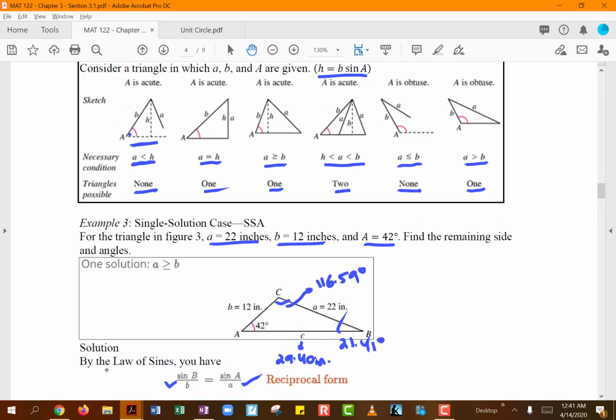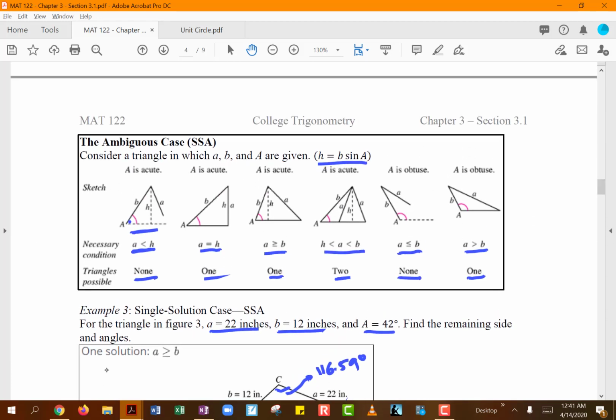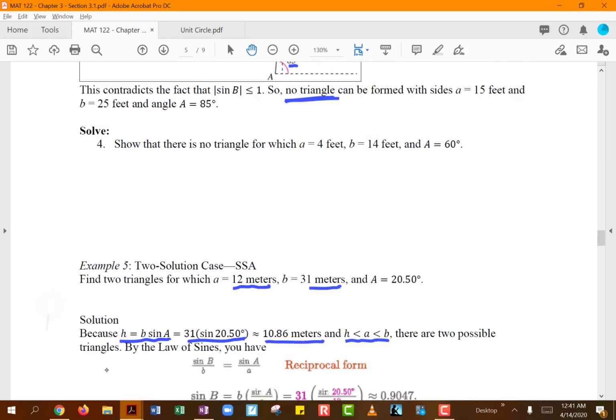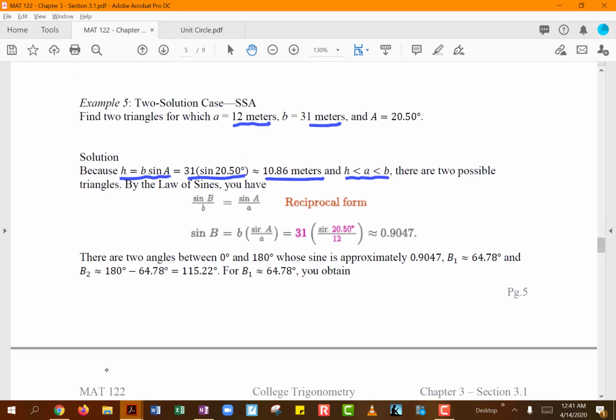And this happens, let me show you that. This happens right here for this acute angle where you have H less than A less than B, and that's when you get your two possible triangles. So that's where we are at in this example.